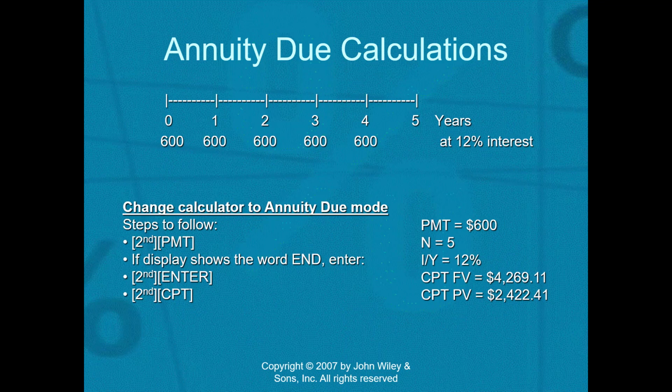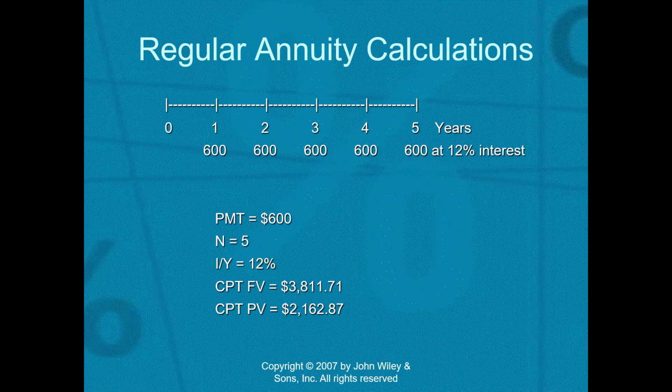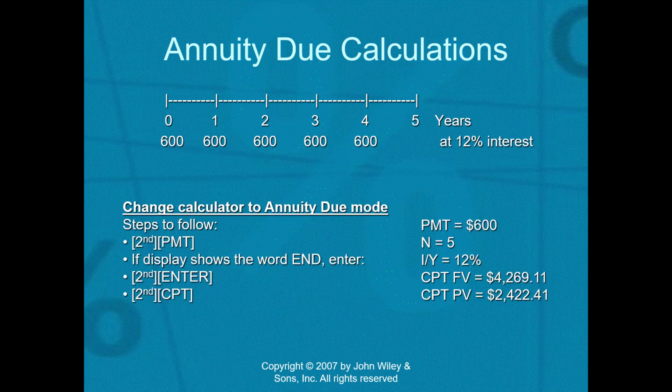And again, all present value answers come in as a negative number. So for the annuity due calculation, as you see, in both scenarios it's about $400 more in the future value and about $300 more in the present value.